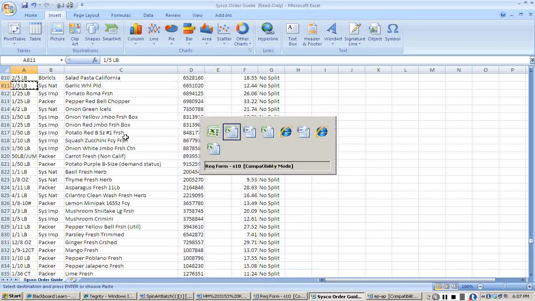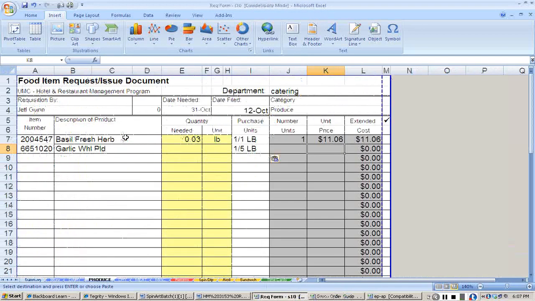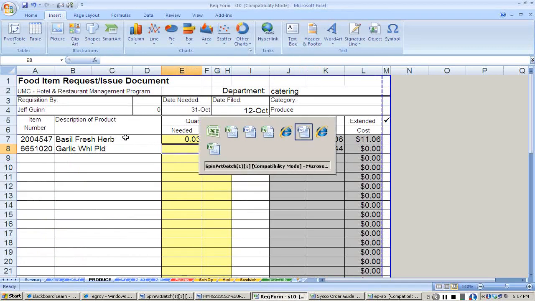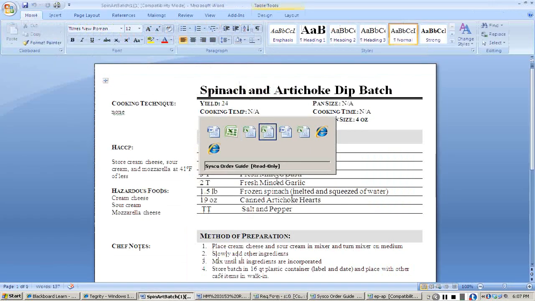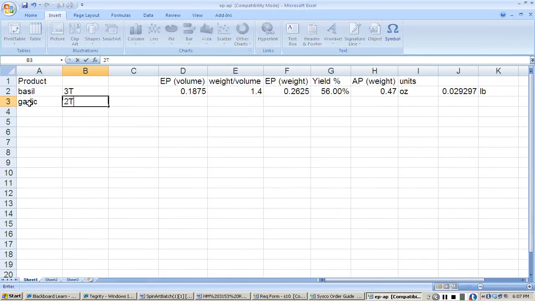Copy and paste all my info in. Price is $12.44. Alright, so I go to my recipe, and it tells me I need 2 tablespoons of fresh minced garlic, which means that it's in its EP form, so 2 tablespoons.